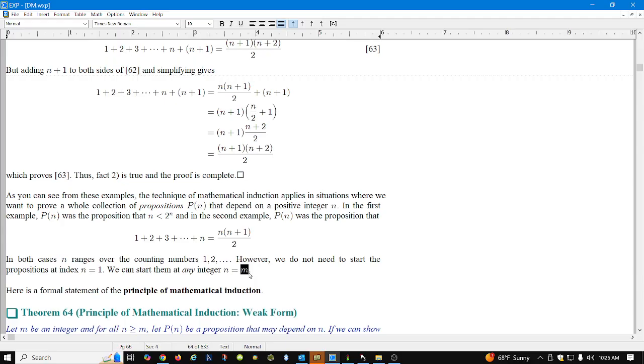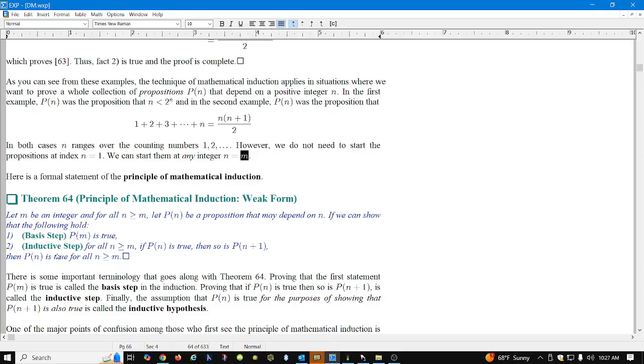That creates a chain reaction. P of m is true, therefore P of m plus 1 is true. P of m plus 1 is true, therefore P of m plus 2 is true. And we just keep applying that second part, and it shows that all of the propositions must be true. It's a chain reaction.